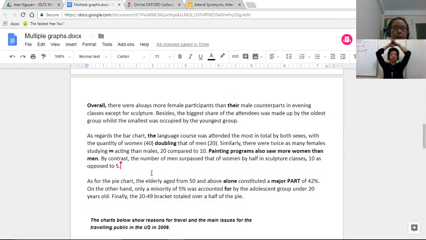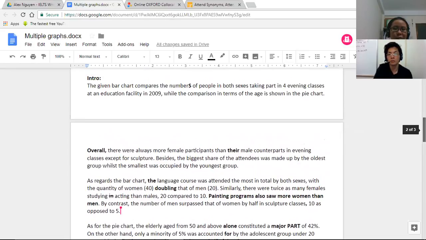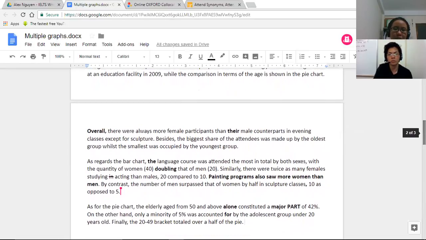Okay, and now I think that this essay is perfect in the length that it needs to achieve. About how many words can you guess here? Maybe 60, 70, 80.